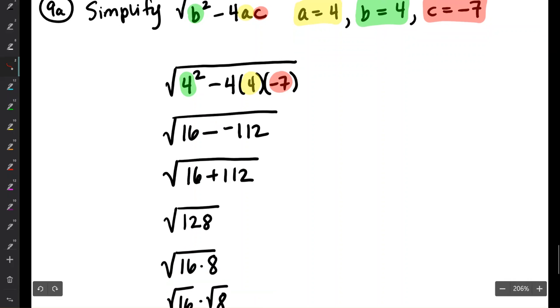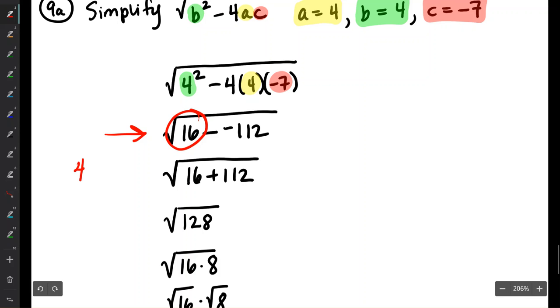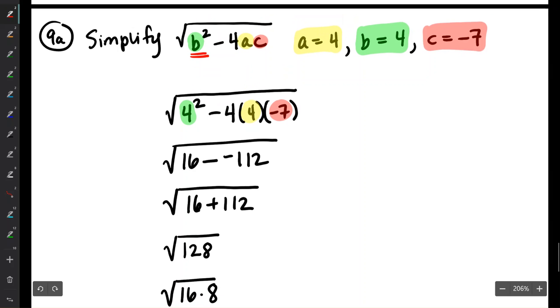And so if you did do that mistake, right here on this step, people sometimes would be like, oh, I'm excited, I see a 16, and 16 is a perfect square. 4. You can't do that. And in fact, you're always going to notice a perfect square right there because the formula has a perfect square showing up right here.